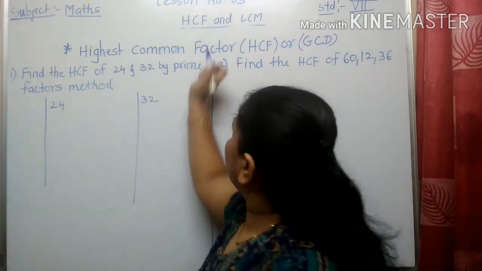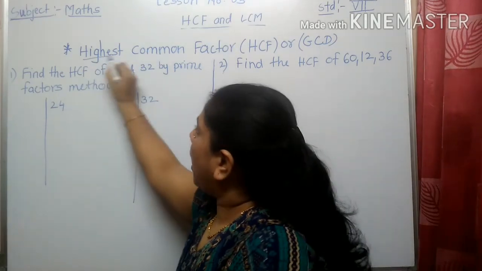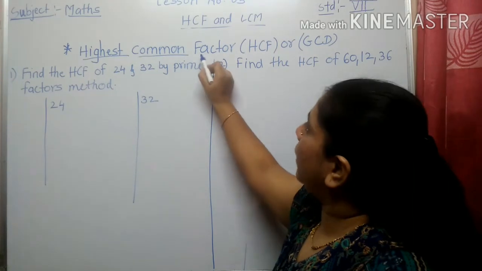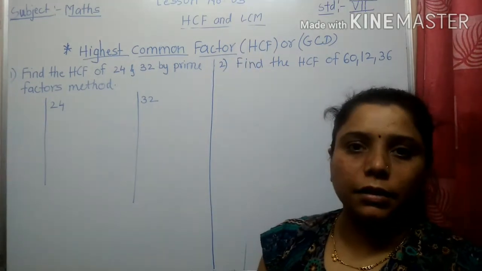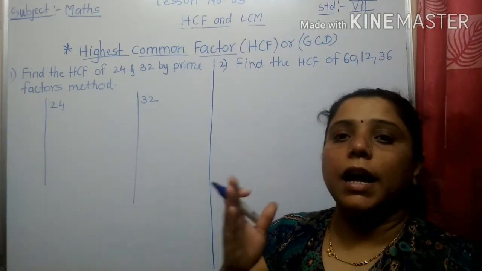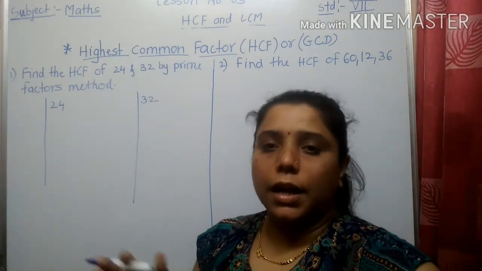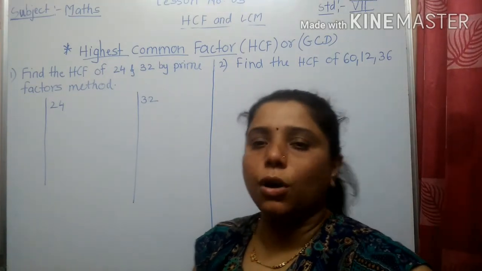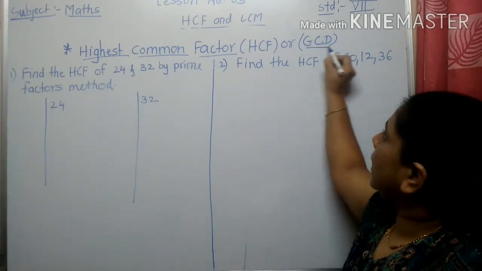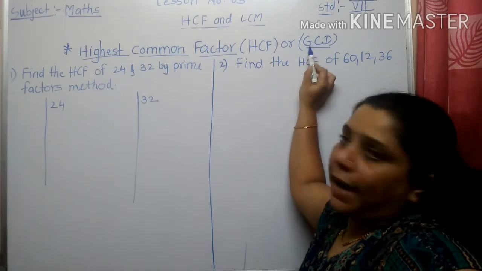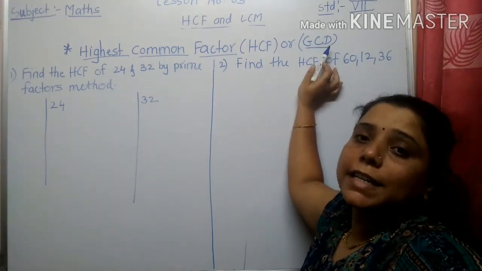Now, what is meant by HCF? H stands for highest, C stands for common, F stands for factor. So this is called HCF, highest common factor. Highest common factor is also called GCD. What is the long form of GCD? Greatest common divisor.